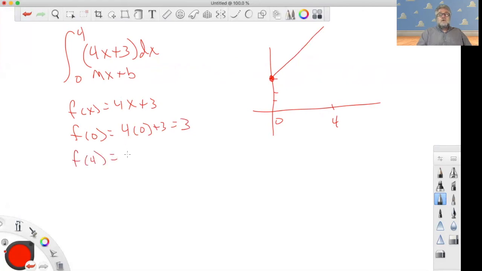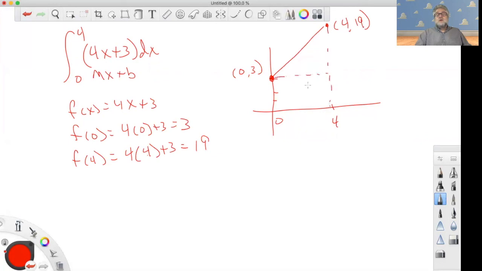F of 4 will be 4 times 4 plus 3. 16 plus 3 is 19. And so this point is at the point (0, 3). We kind of knew that. This point is at the point (4, 19). Now we can go and use some geometry.